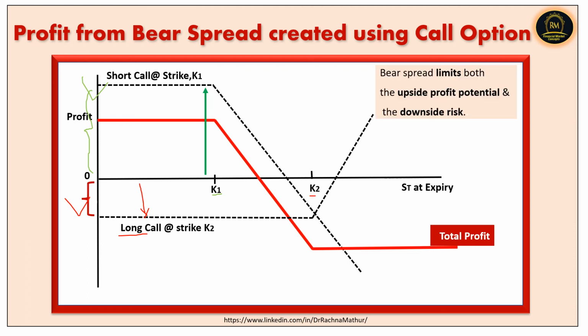Now the important point here is that a bear spread limits both upside profit potential and downside risk. In this figure we can see that by creating a bear spread, our upside profit potential is limited to the option price the short call has received, and the downside risk is limited, which is equal to the option price the long call has paid.